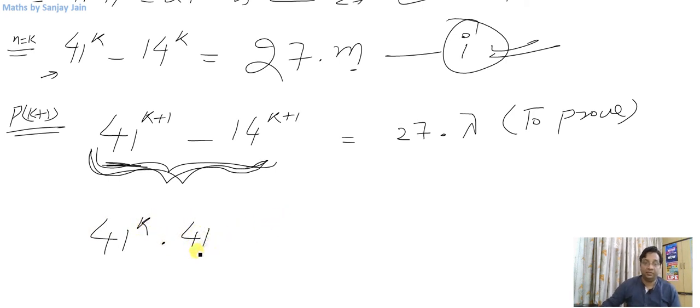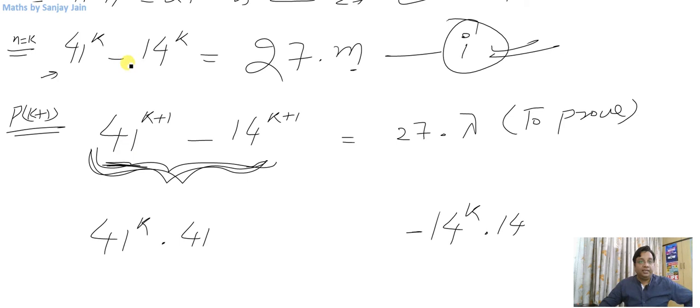I can write this because if the base is same, you can add the exponents. So minus, this can be written as 41 raised to power k into 14, right? There is this minus sign here. So I have created this gap just to do that manipulation.